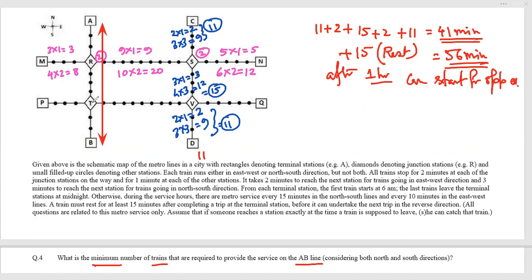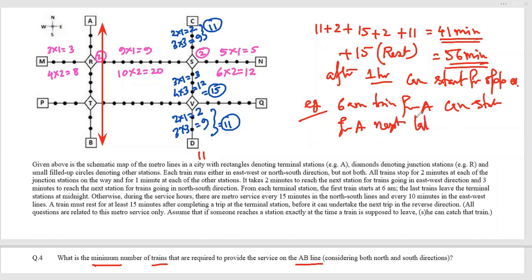Now it will again reach this opposite end, return back to A, and will take another 1 hour. So for example, a 6 a.m. train from A can start from A next latest by 8 a.m. That needs to be clear.